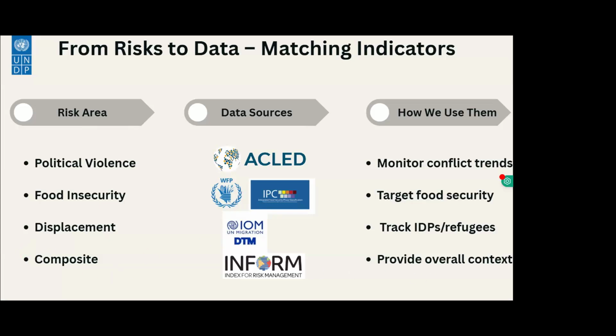The last one is the composite risk index. I've mentioned INFORM here. While there are other specific data sources or indicators, sometimes we also include a composite index for a big picture view, and the INFORM index is such a tool. INFORM provides a risk score for each country on a 0 to 10 scale, based on about 50 indicators covering hazard, exposure, vulnerability, and coping capacity.